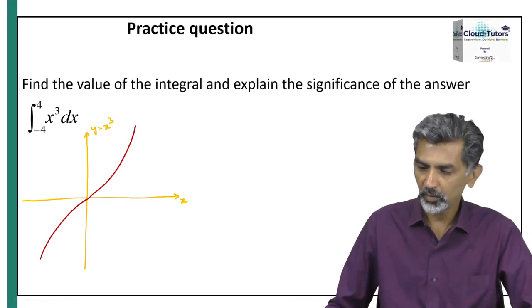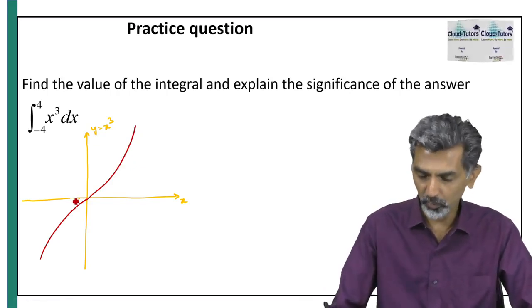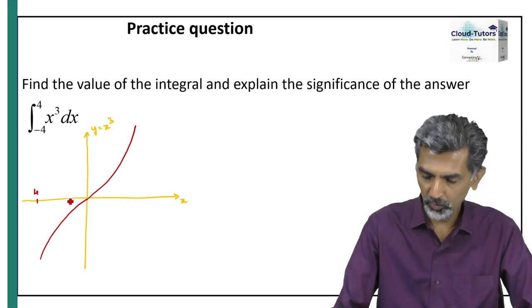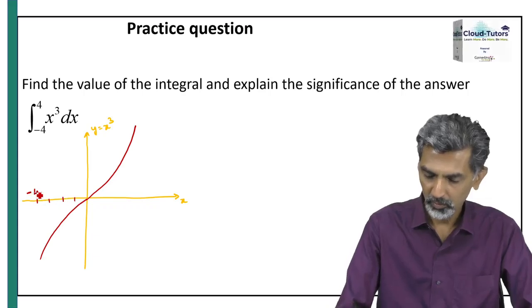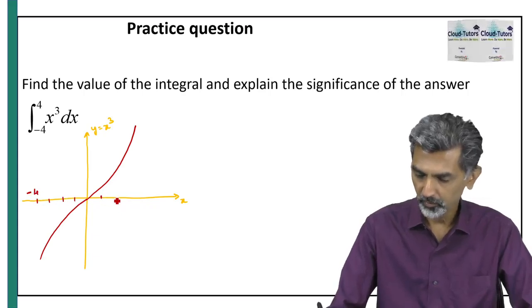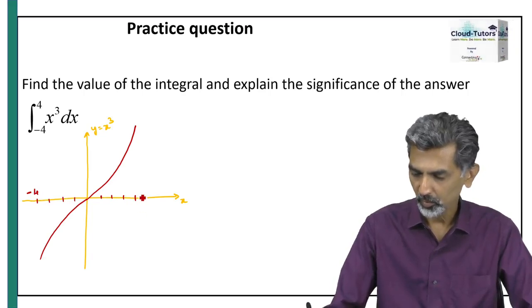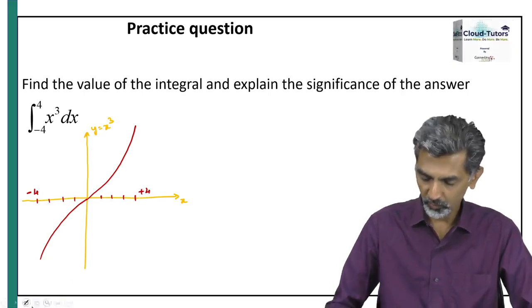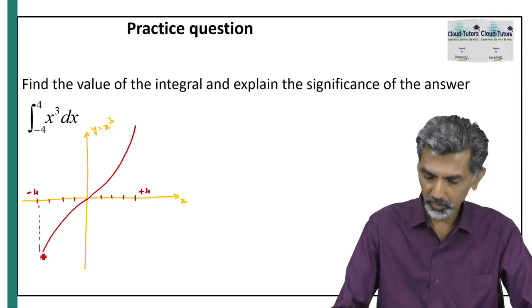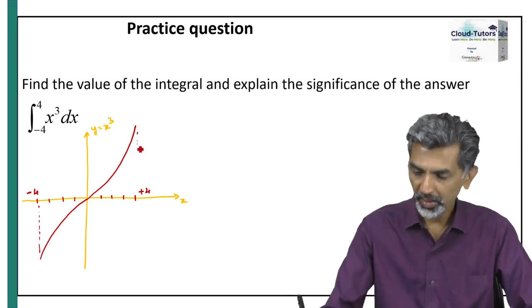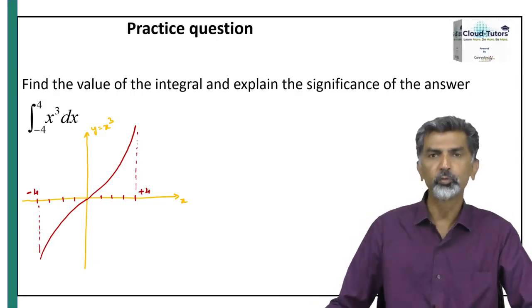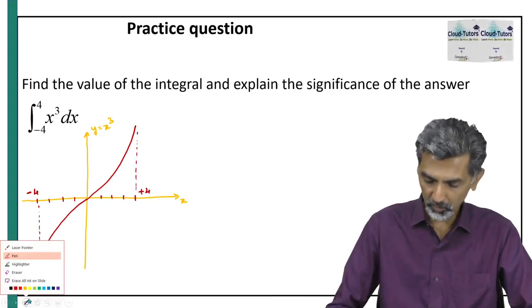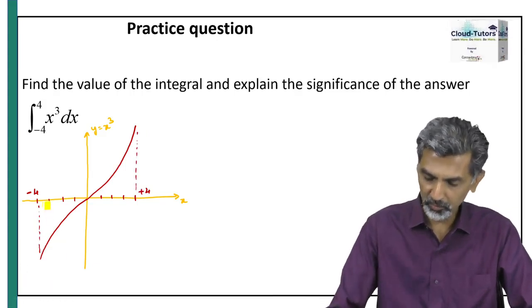And we are integrating it between negative 4 and plus 4. So we are integrating it between x is equal to negative 4 and x is equal to plus 4. So we are talking about this region here.